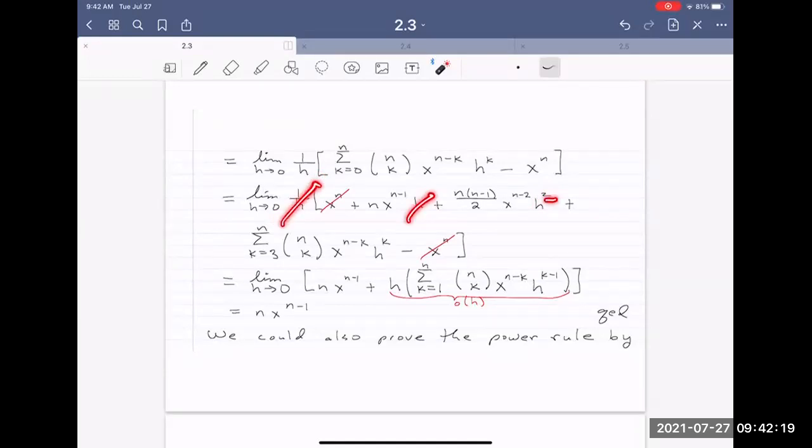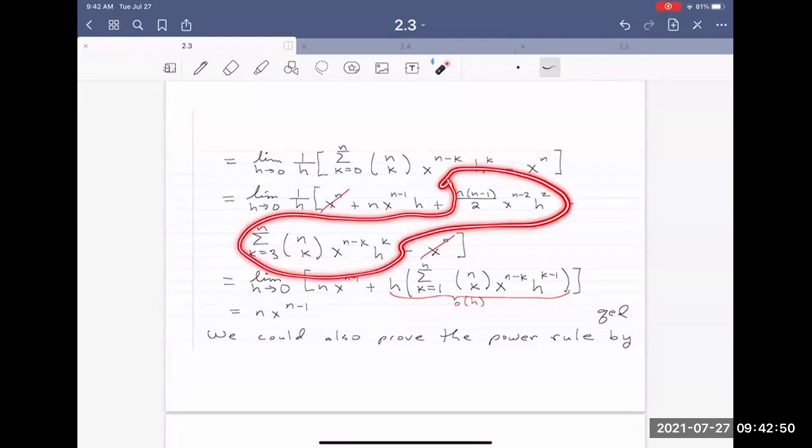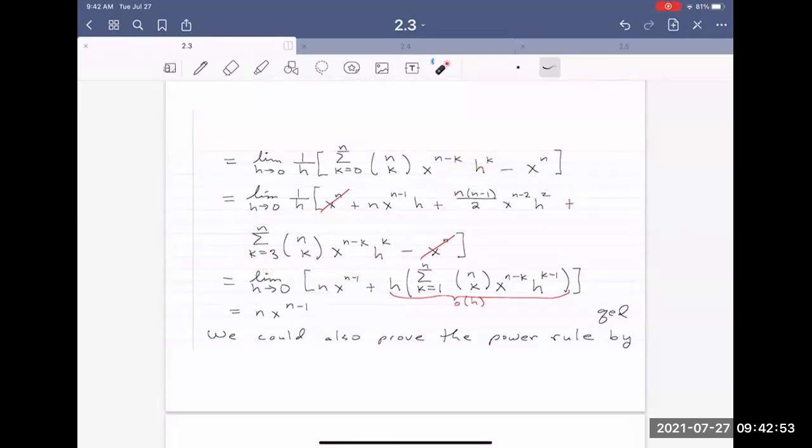So this cancels here, that becomes 1 less, and this becomes 1 less. So this is equal to, again, the limit as h approaches 0 of this first term, n x to the n minus 1, plus these terms.